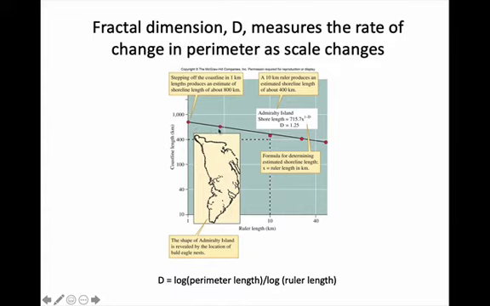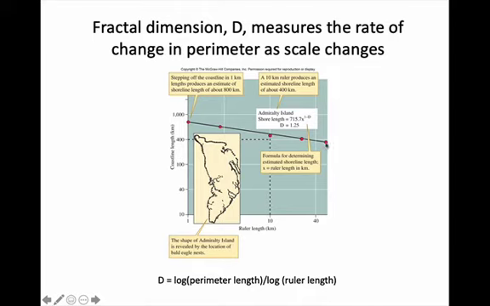Well, then, as we saw in the previous slide, you'd expect the coastline to decrease in length. And an even larger ruler would cause the coastline to decrease even more. So here's a 10 kilometer ruler, and look, the coastline is only a little over 400 kilometers. But look, it's an approximately straight line.